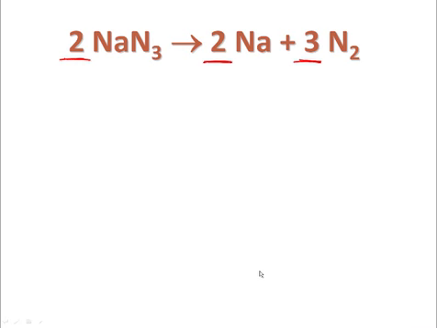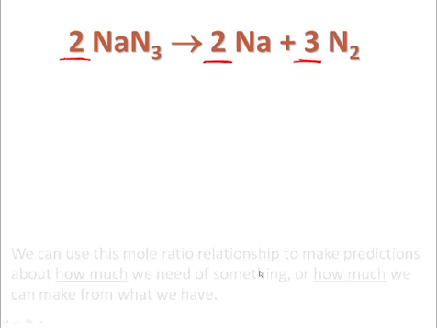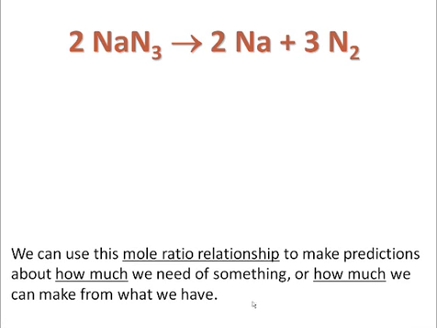And so what stoichiometry enables us to do is use the mole relationships. If I had to come up with a mole relationship for this problem, it'd be a 2 to 2 to 3 ratio of sodium azide to sodium to nitrogen.